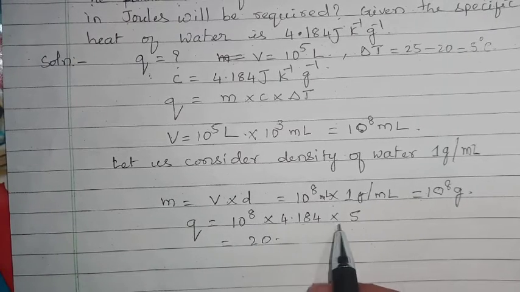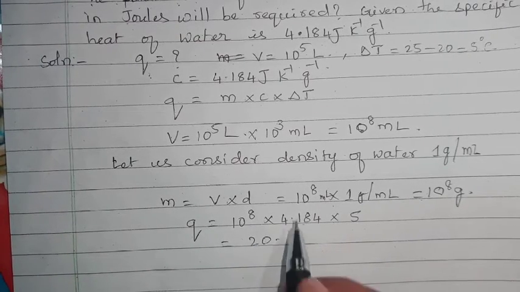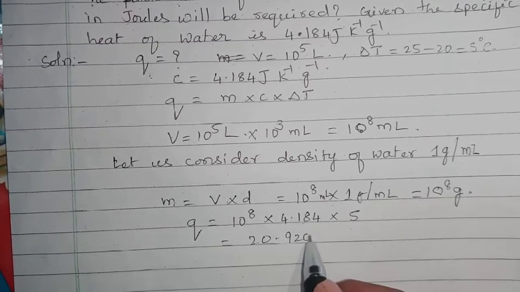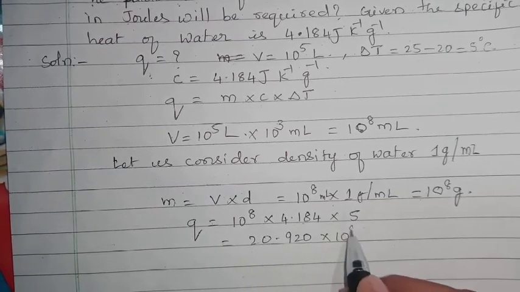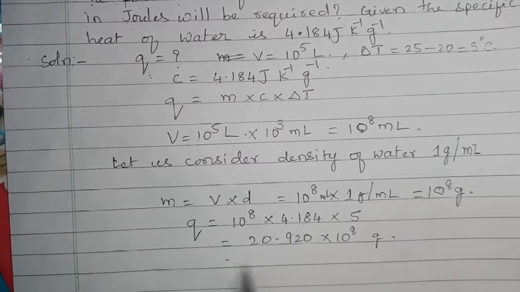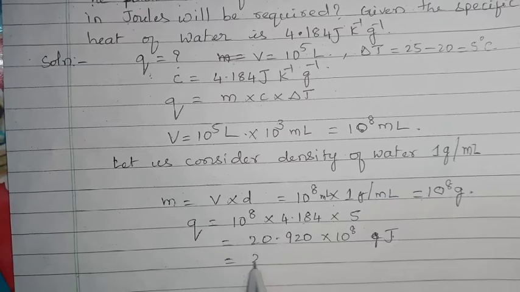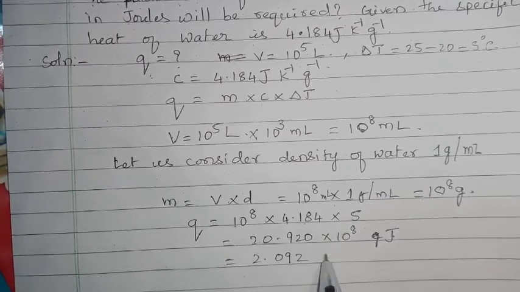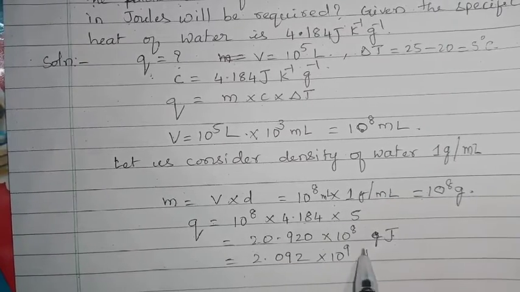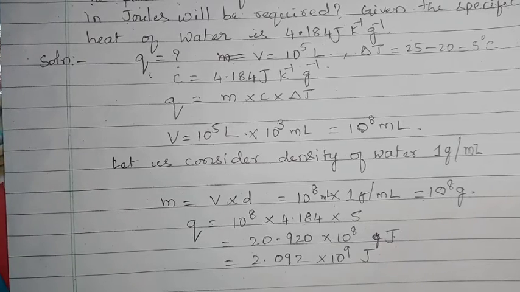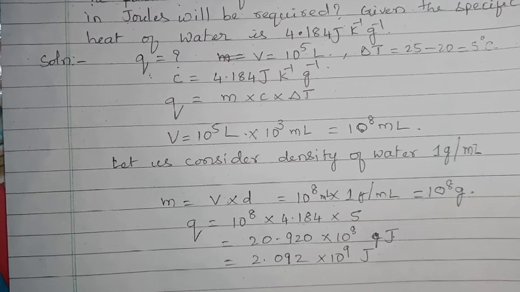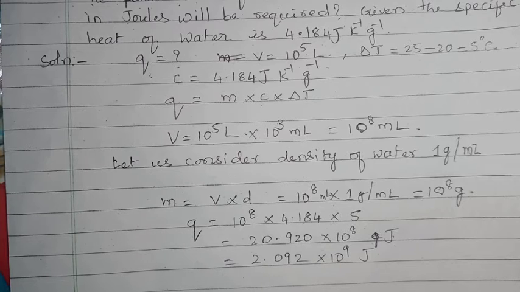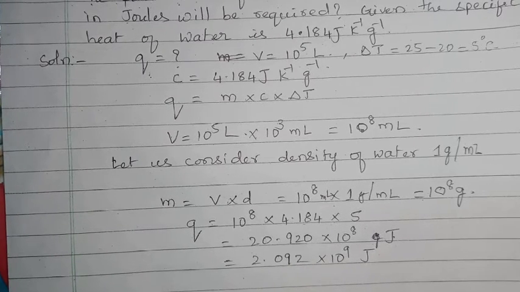On multiplication of these, we get 2.092 into 10 to the power of 9 joules. This much amount of heat is required to raise the temperature of water from 20 degrees to 25 degrees Celsius.